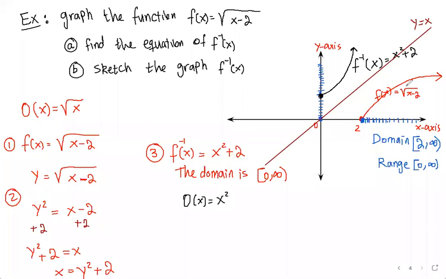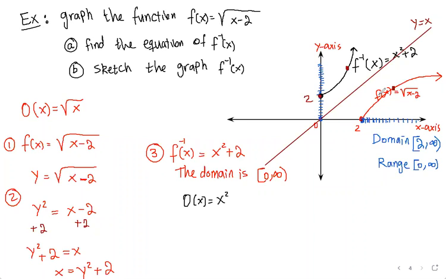Now everything here, I have to reflect it around this line. The 2 here will be here too. This here will be here. This point is the same as this point. Okay?